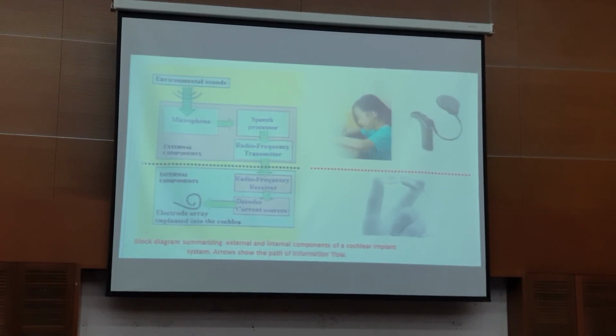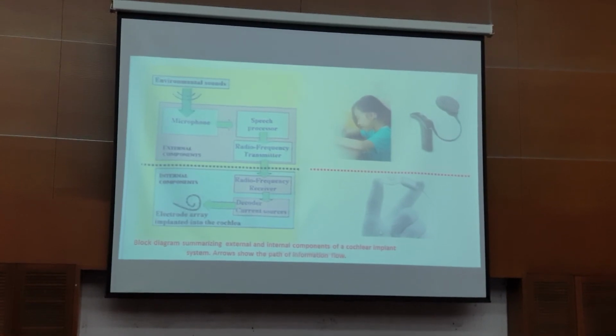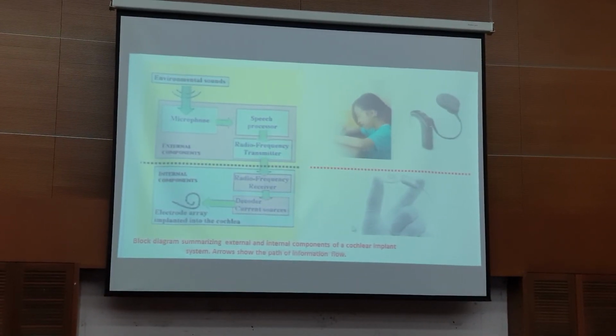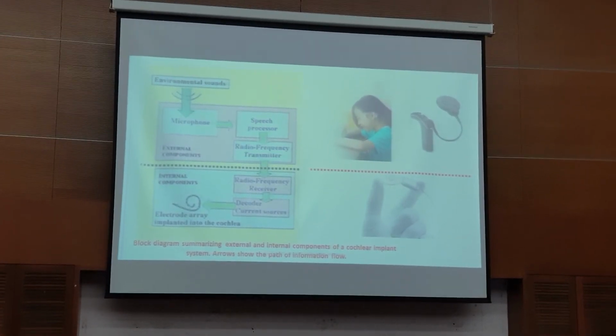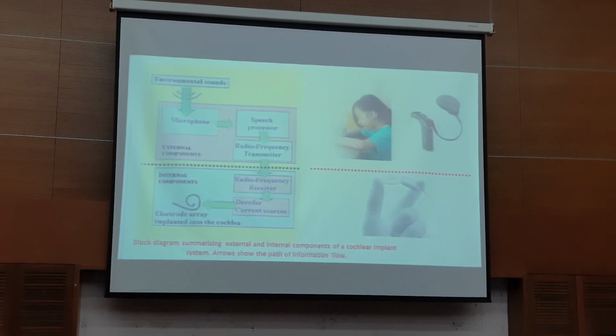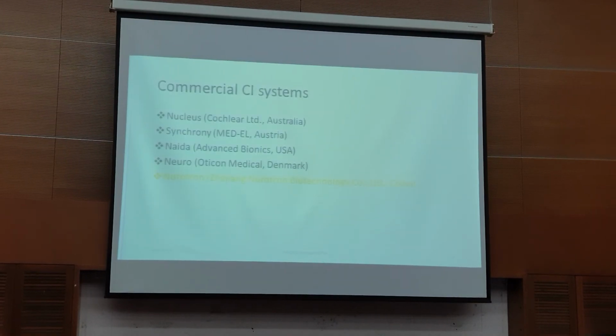Even so, having a lot of spiral ganglion cells would be good, for example for someone with a sudden loss, where there are hopefully still many functioning spiral ganglion cells to stimulate. These are the different systems right now: Cochlear Nucleus, Med-El Synchrony, Advanced Bionics, Oticon Medical. These are all in Malaysia.